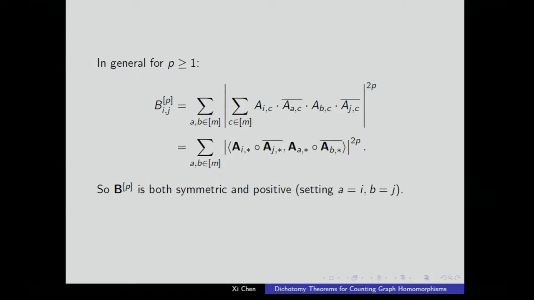And for convenience, let's just rewrite this sum as this inner product, where we first take the Hadamard product of the ith row and the conjugate of the jth row. And then we take the product of the ath row and the conjugate of the bth row, and then do the inner product.